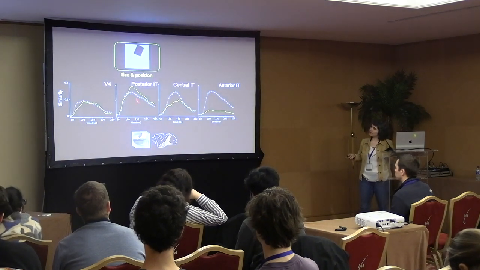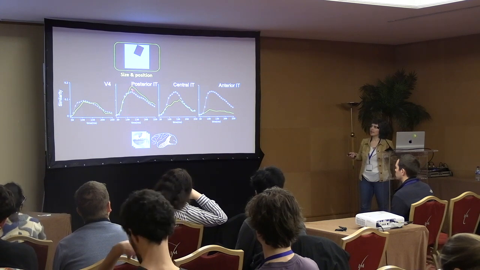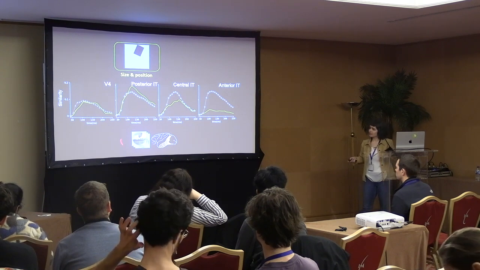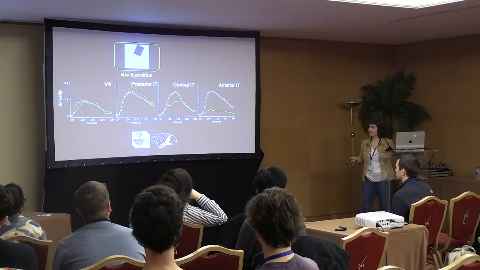And so this is the size and position of the detection mask explaining each of these areas. And as you can see, it does a decent job for posterior IT, going a little bit above the explanation for ResNet-50. And I put this brain here to emphasize that the monkey still looks at the whole image.